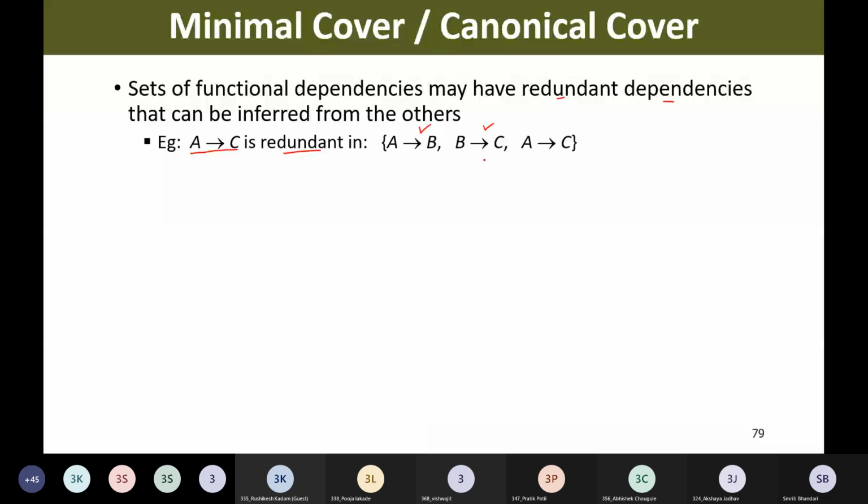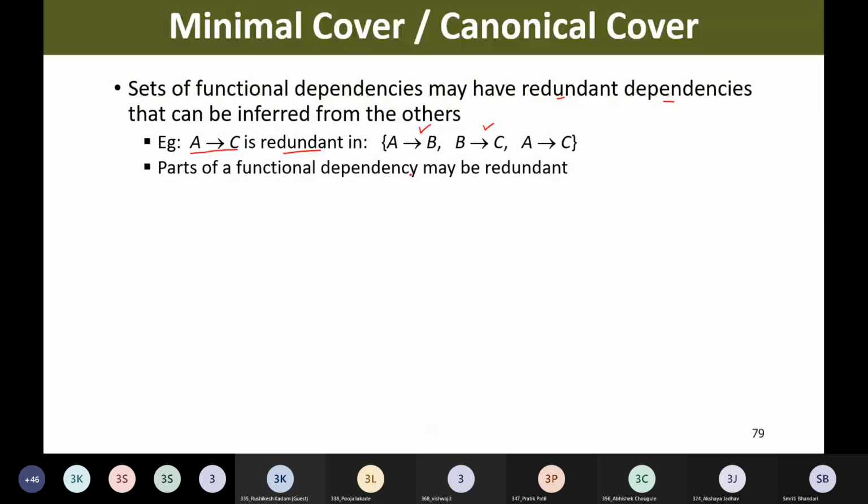Fine. So, if this functional dependency is redundant, it is not mandatory for us to have this dependency in set F. So, we can omit such redundant dependencies. Even part of a functional dependency can be redundant.